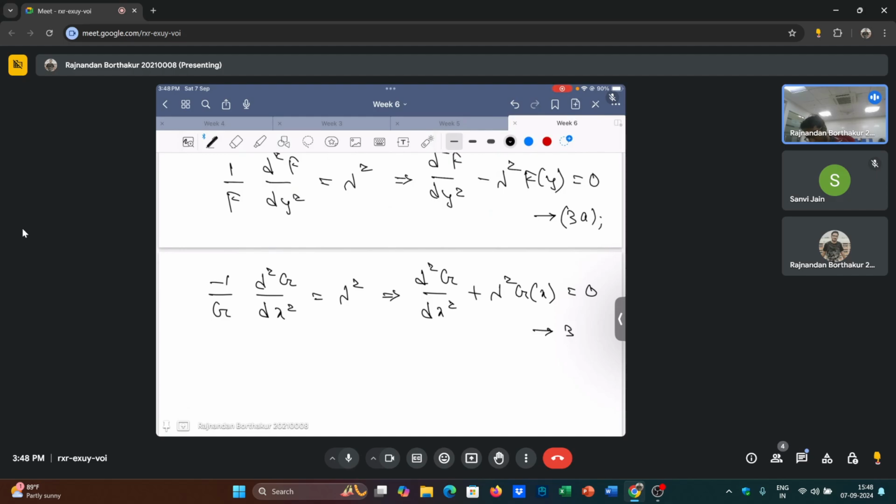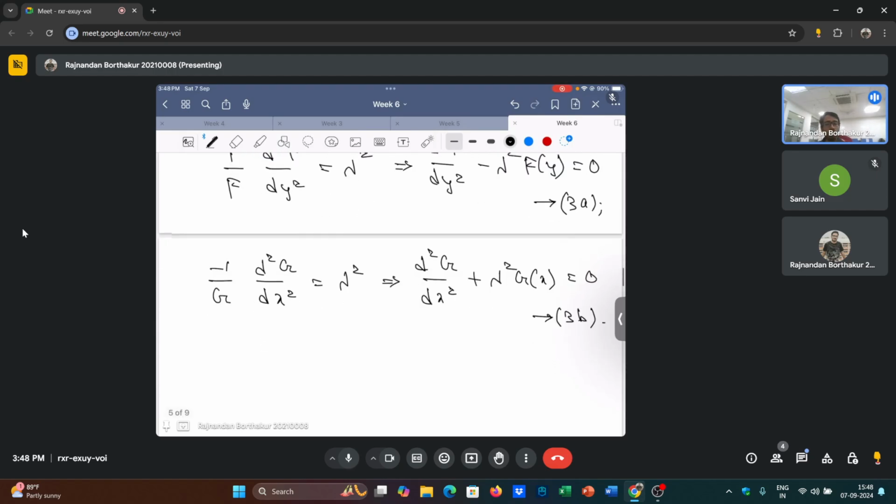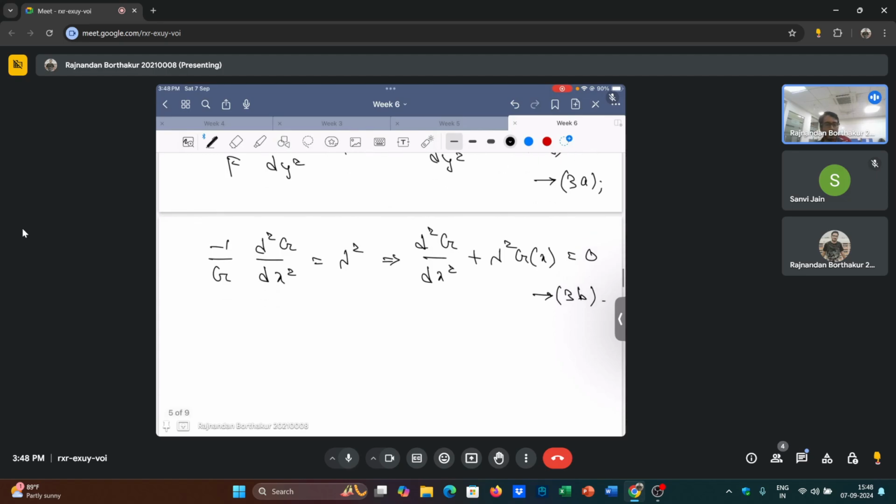We name this 3b. Now the solutions of these ODEs are rather simple, because we know how to solve a second order ODE. As you can see, it's second order, linear and homogeneous.